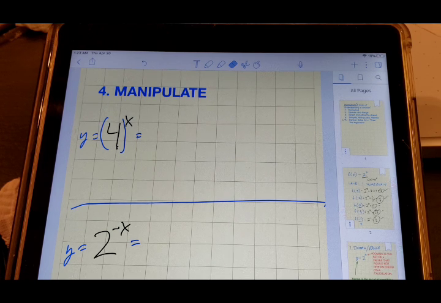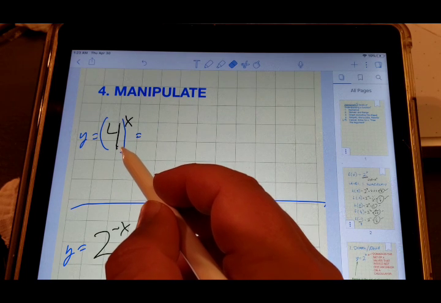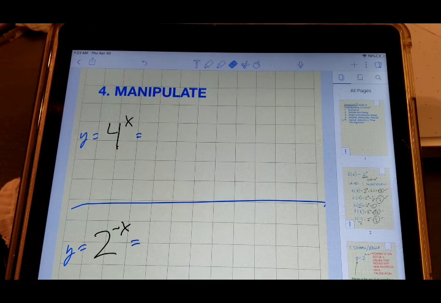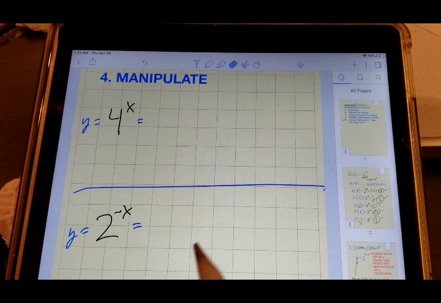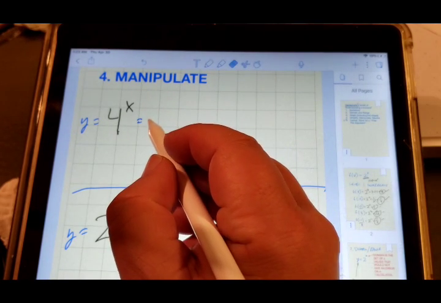We have rules for simplifying radicals, but we really don't have rules for simplifying everything. So these functions are fine. They're not wrong. It's just that I can manipulate them. So what am I going to do to this one?